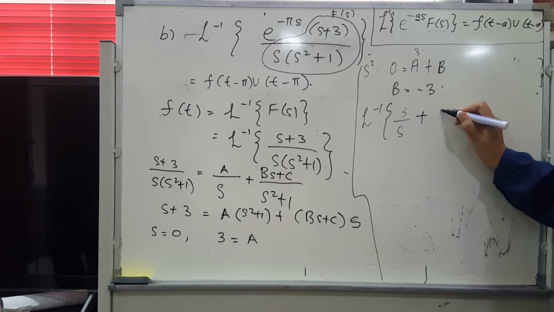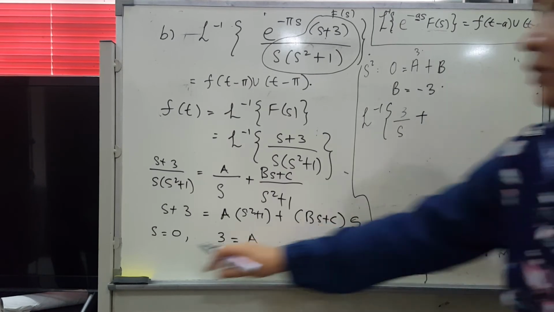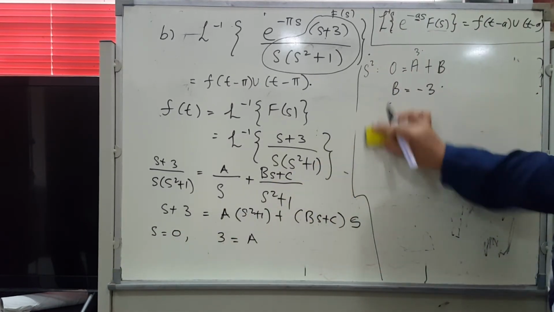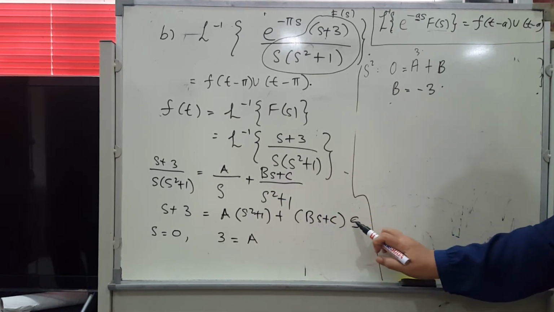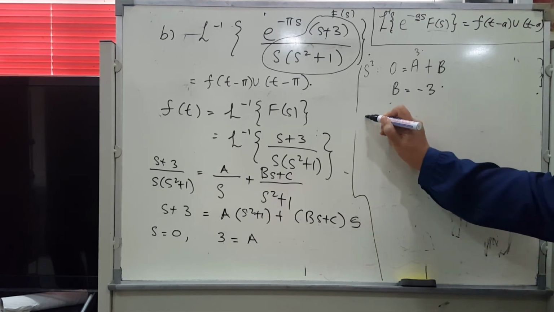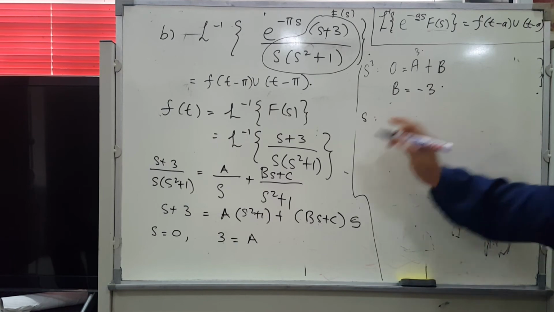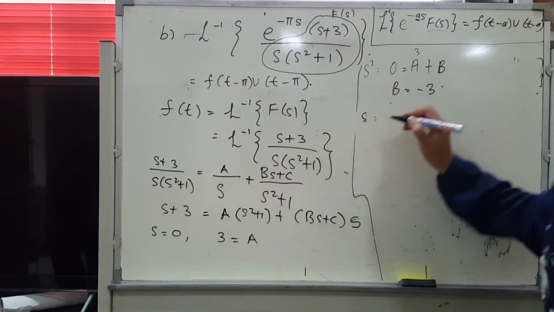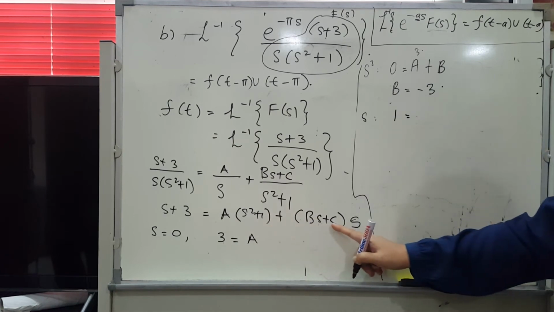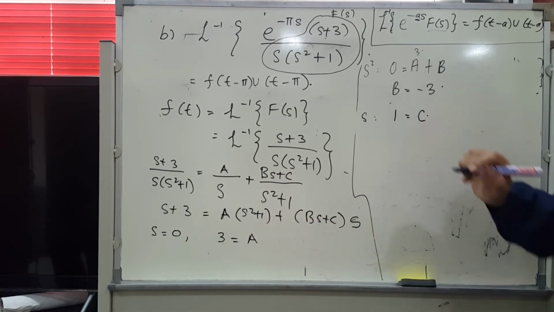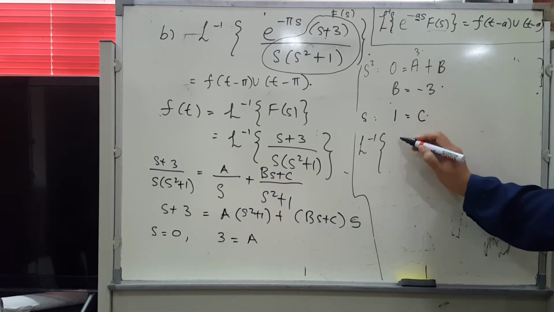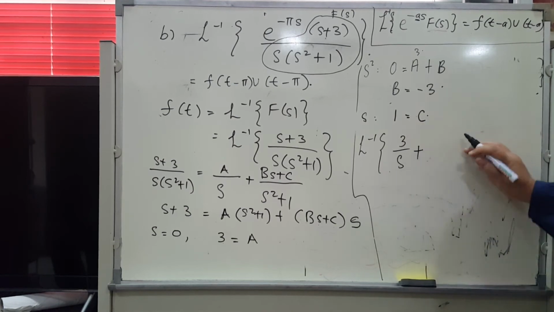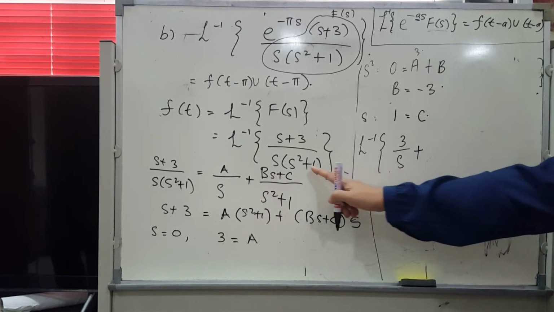Okay, we still need to find C, I forgot. C is the coefficient of s. The s on the left-hand side is 1, so for this side, C. It's easy, we straight away get C equals 1. Now we can put into our function: B is negative 3, C is 1.